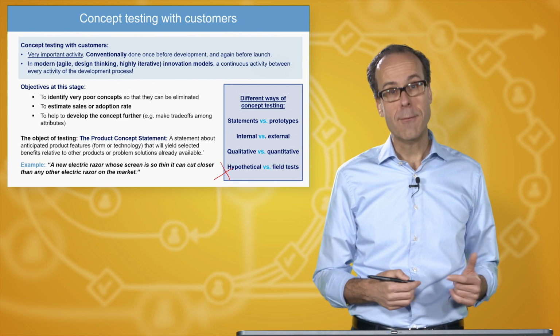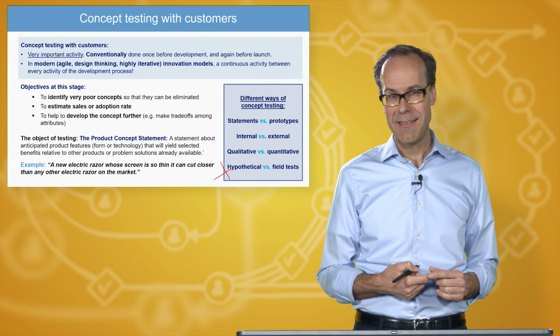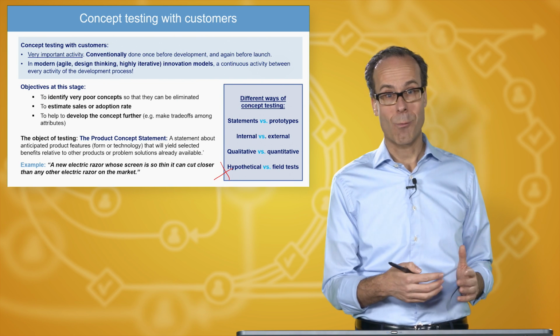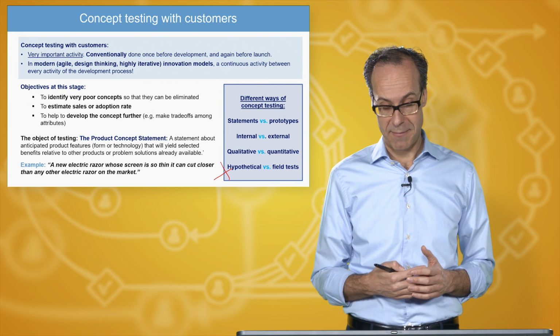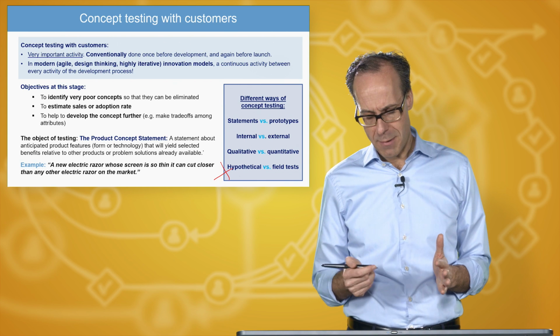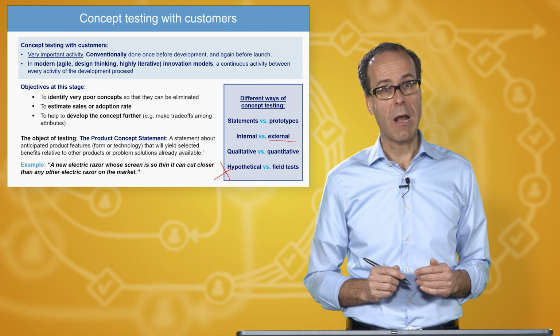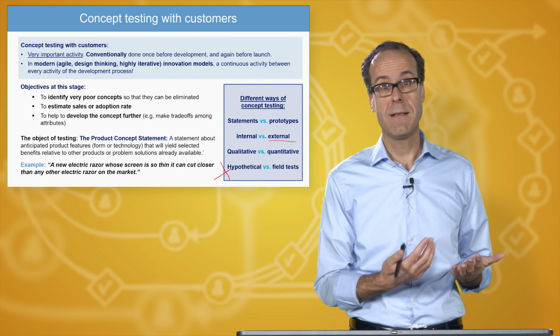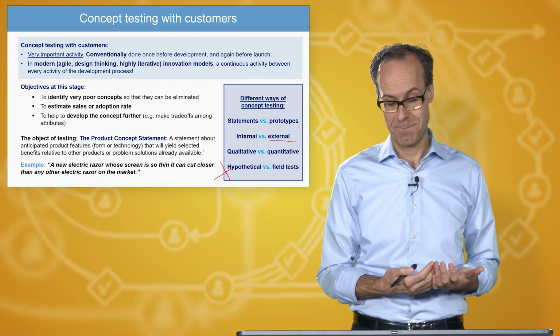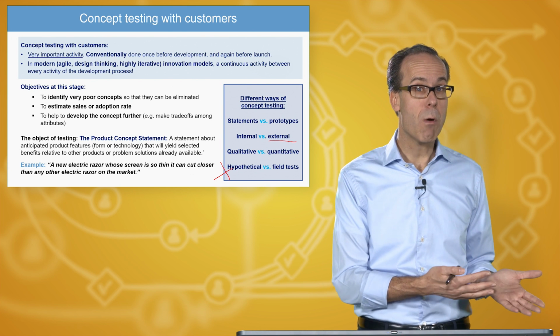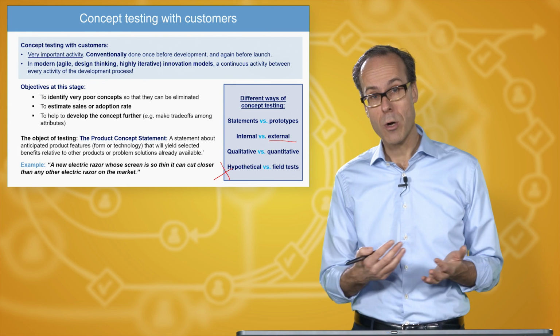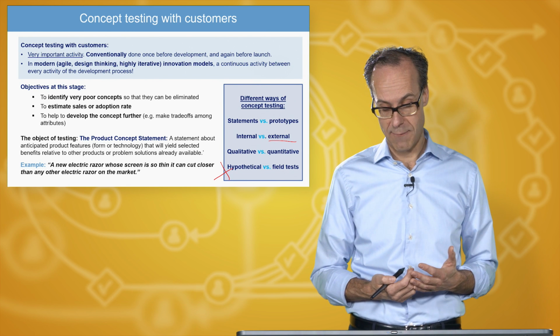There are different ways of concept testing. As said, we can test statements or a working prototype, perhaps even. What we talk about here is doing it externally, but in some companies, all these activities are done internally. We can do these qualitatively or quantitatively with larger groups and surveys.